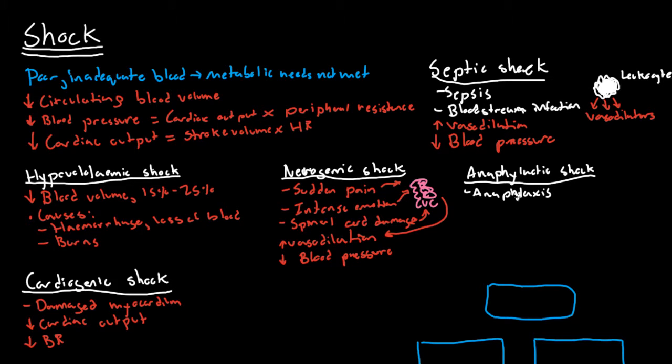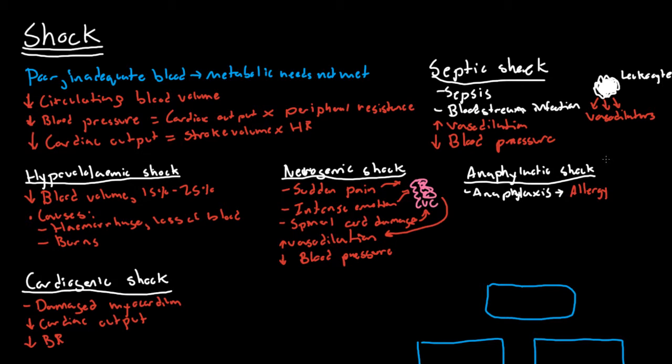Anaphylaxis is basically a severe allergic response. It's an allergic response, and it can be triggered by whatever the individual is allergic to, such as penicillin or peanuts or latex rubber.